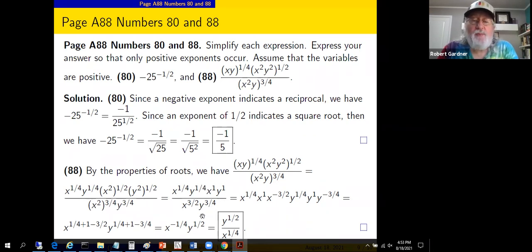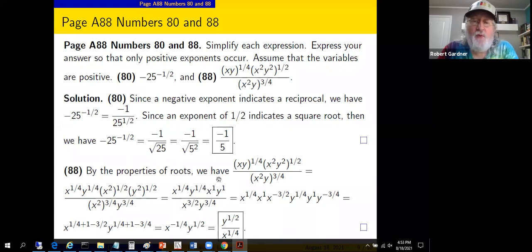All right, now we'll add exponents for x's and y's, won't we? Oh, not yet. Next, let's take these denominators and put them in the numerator. So x to the 3/2 in the denominator is equivalent to x to the -3/2. Y to the 3/4 in the denominator is equivalent to multiplying by y to the -3/4. So we had an x to the 1/4 and an x to the 1, and there's the denominator x term.